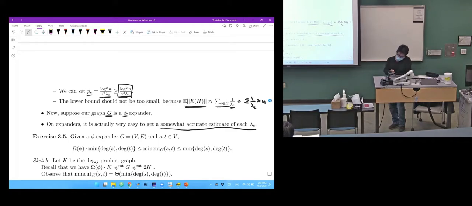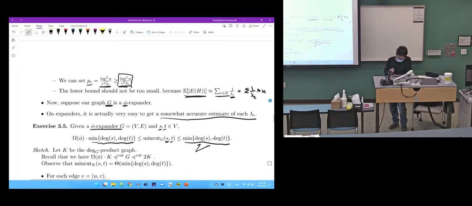That is, the claim is that if your graph is a phi expander and you take any two nodes S and T, any pair of nodes S and T, then the min cut between S and T is basically around the minimum of the degree of S and T. You can approximate it by just taking the minimum of the degrees of S and T. And this will be off by at most a phi factor.